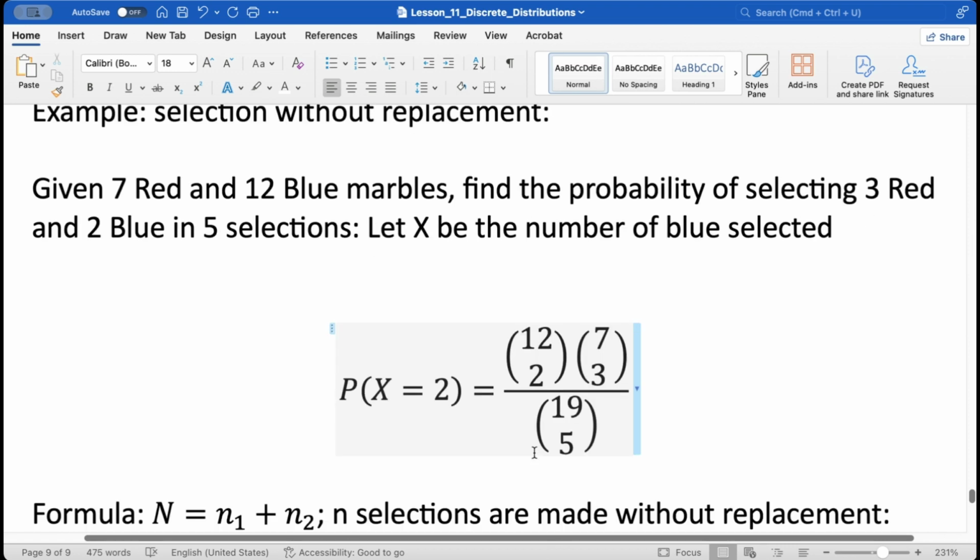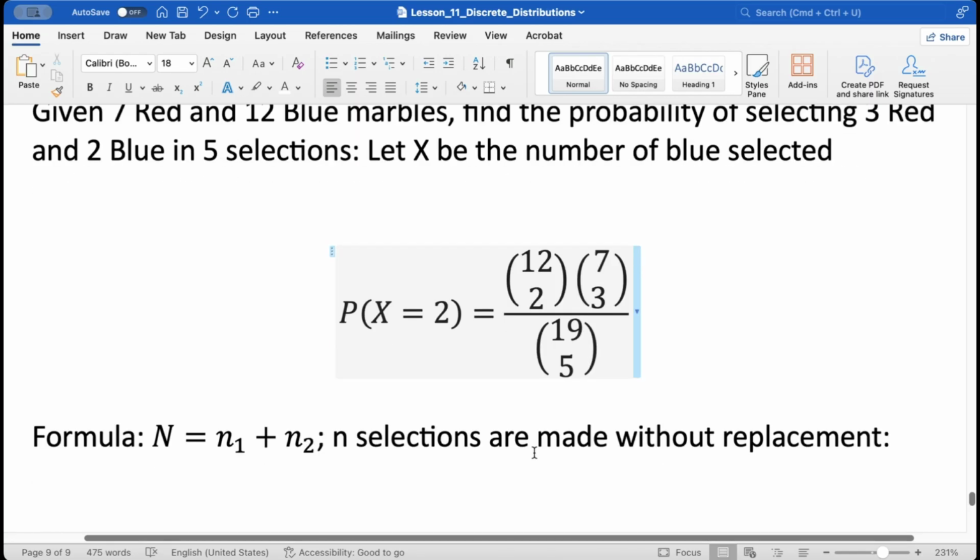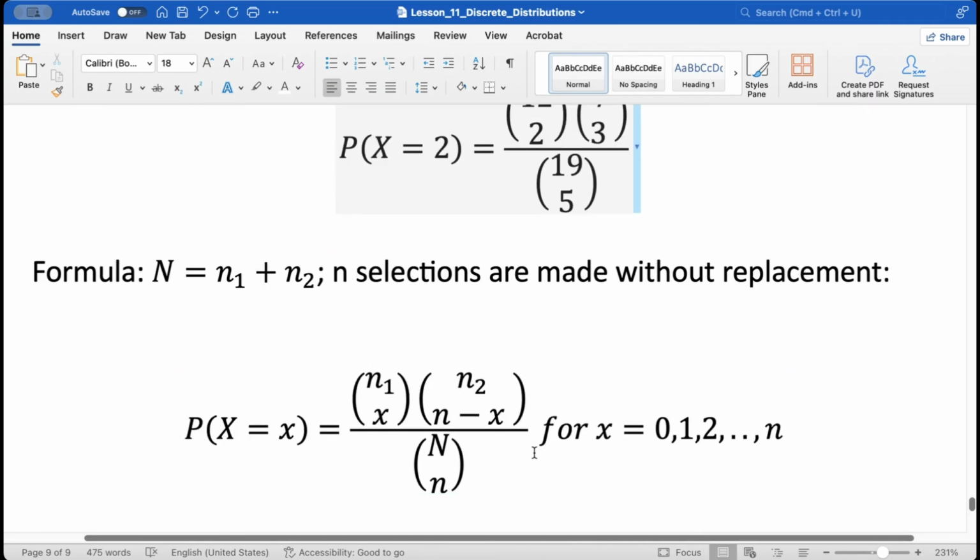So in terms of a general form here, we have 2 different types of objects, N1 and N2. Their sum is capital N. We're making little n selections without replacement. The probability of X successes. So we're going to make n selections here, and we want X successes.